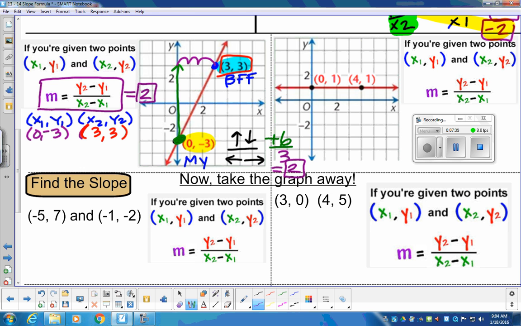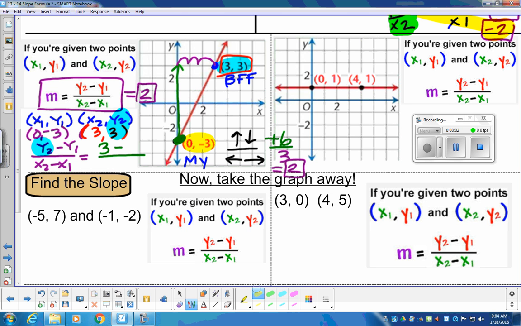So we have this formula here, y2 minus y1 over x2 minus x1. Now because of space, I'm going to have to write this to the right. As I start to plug in the values, my y2 value is 3. So I'm going to put a 3 in that spot, but I'm going to write it over here because of space.